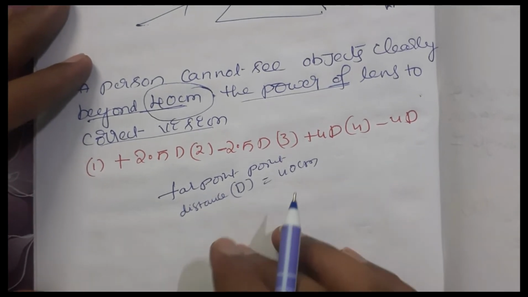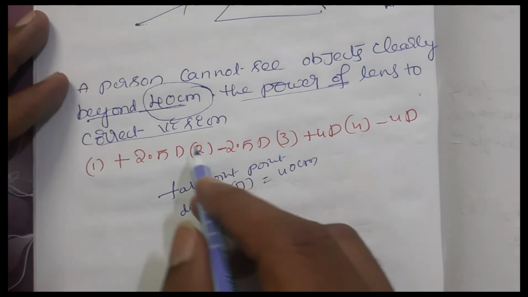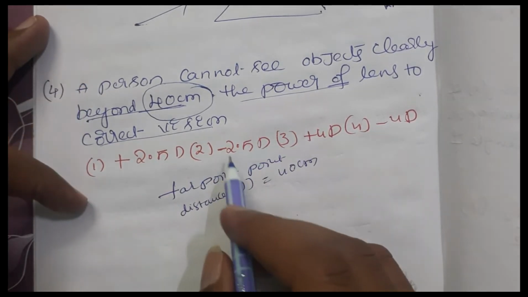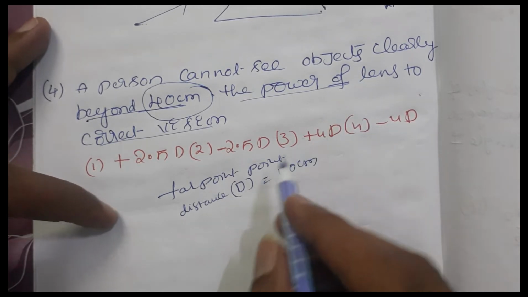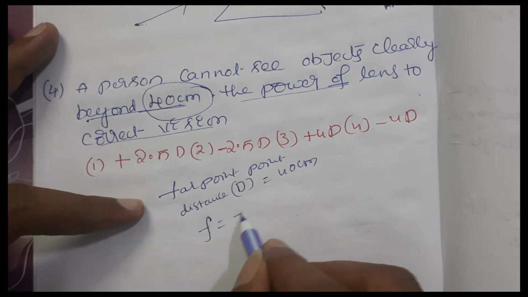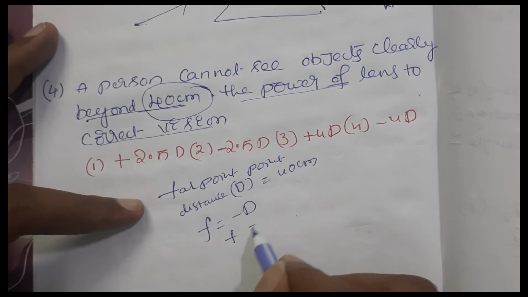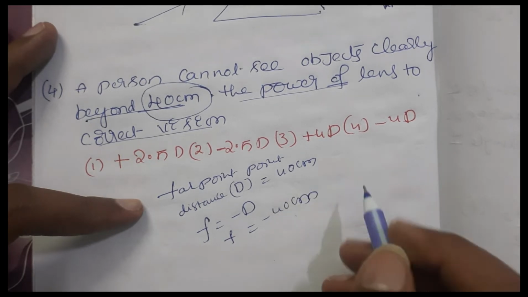But in the case of far point, suffering from myopia, the focal length of the lens is f equals minus d, then f equals minus 40 centimeter, because d is this.